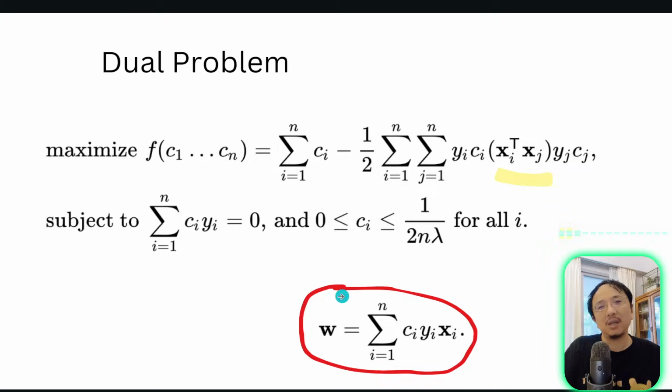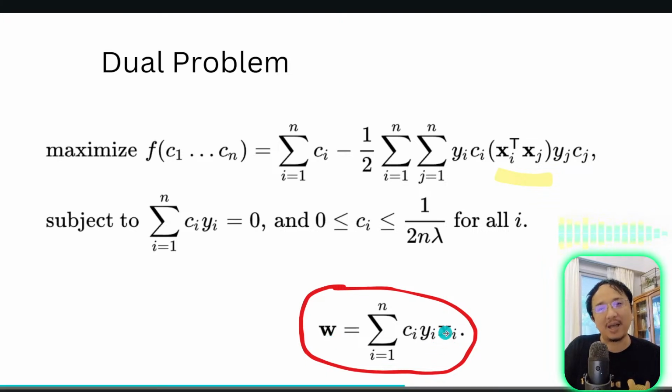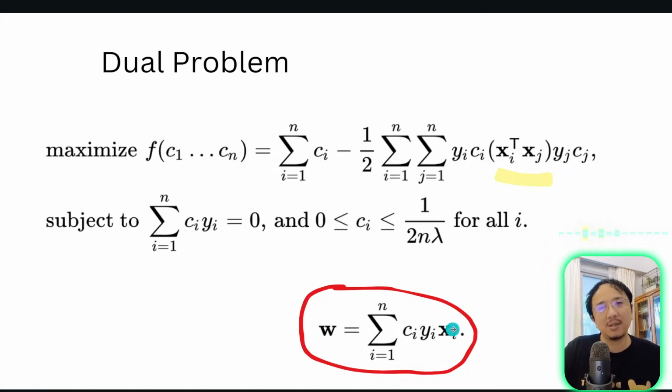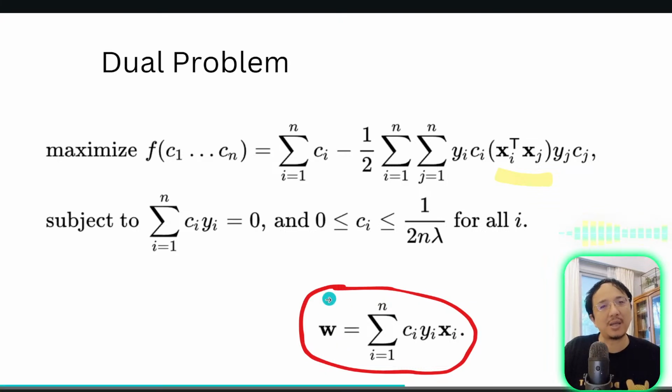But as you can see here, if we wish to construct the w back, we still need the x_i. So in this case, if we are using the new feature space, we still need the mapping. So how can we do that without using the mapping directly?